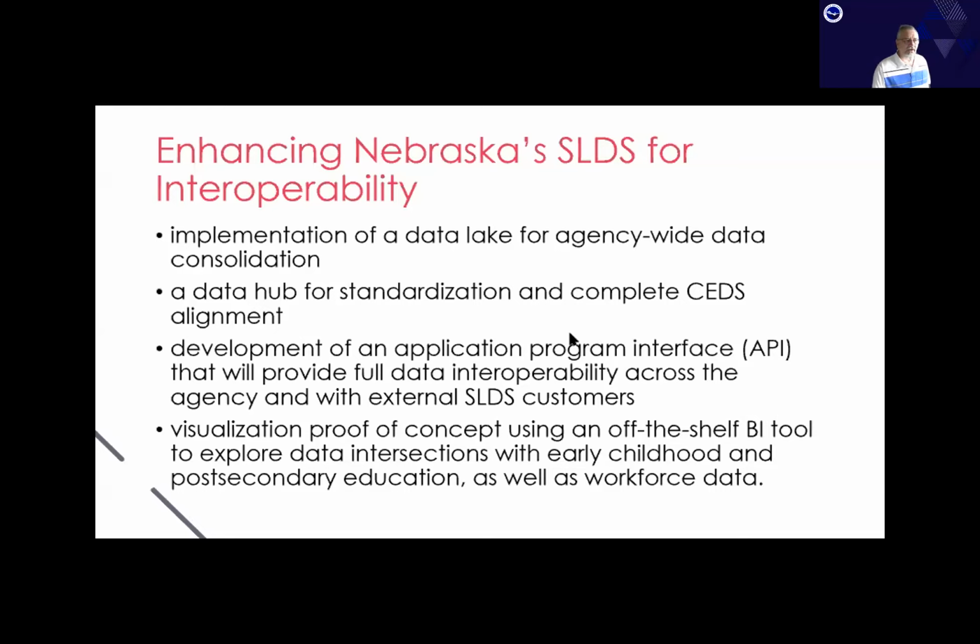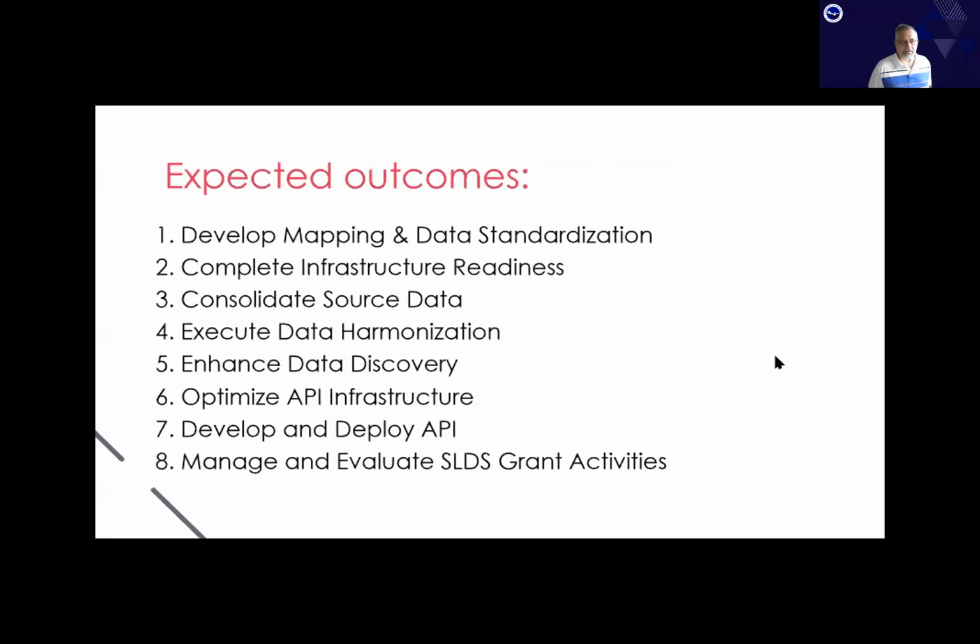Really, what does that mean? There's a lot of words there, but our expected outcome is that we're going to develop, we've developed a mapping and data standardization. We worked on the infrastructure readiness and consolidated source data. We've done some data harmonization, as well as enhanced data discovery, optimizing the API, that's that application programming interface.